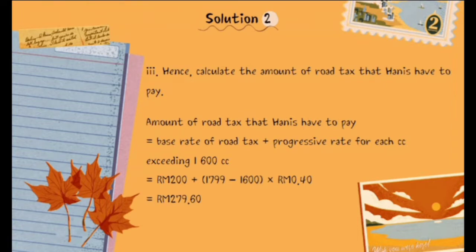So we take 1,799, which is the total engine capacity of Hanis' car, minus 1,600, multiplied by 0.4 to get the progressive rate for each cc exceeding 1,600 cc, then plus 200, which is the base rate. Thus, the answer that we get is 279 ringgit and 60 cents. For question 3, I'll pass to Gayan.